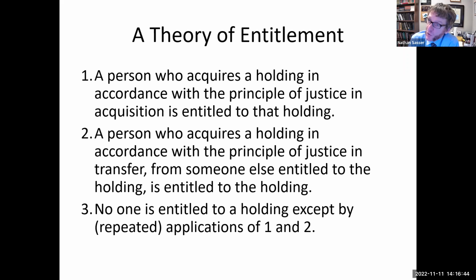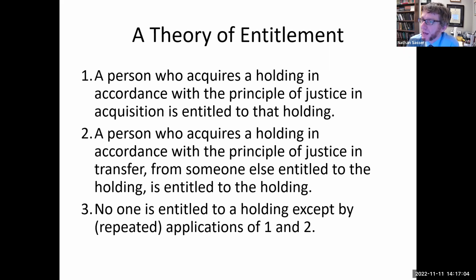Second, a person who acquires a holding in accordance with the principle of justice in transfer from someone else who is entitled to the holding is entitled to the holding. And thirdly, no one is entitled to a holding except by repeated applications of 1 and 2.